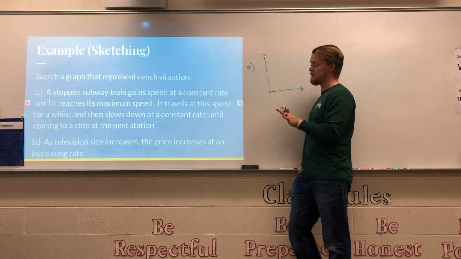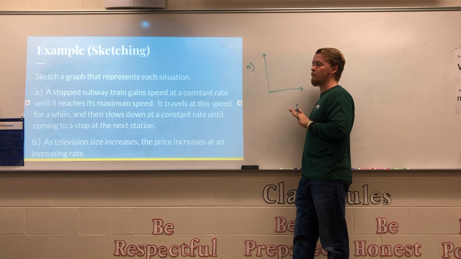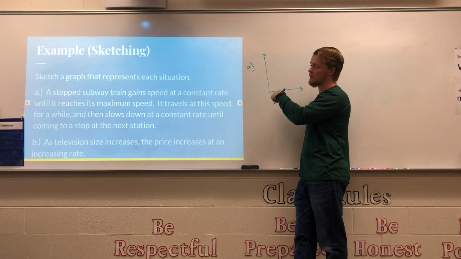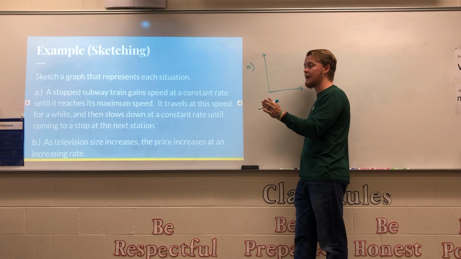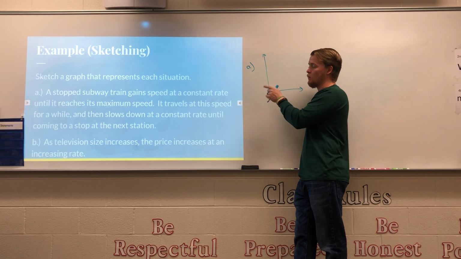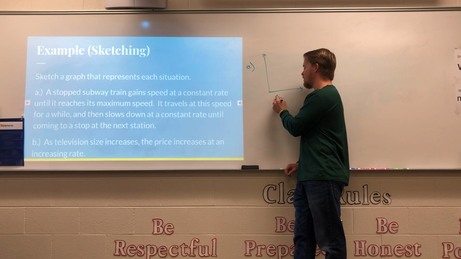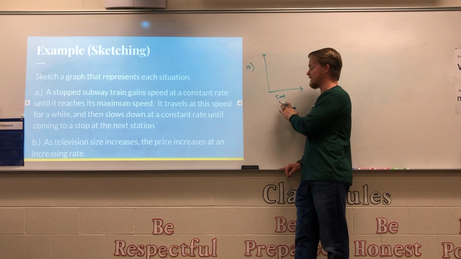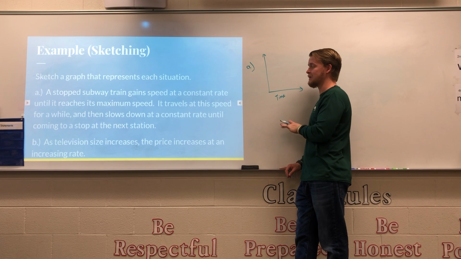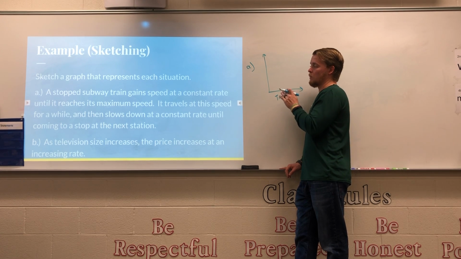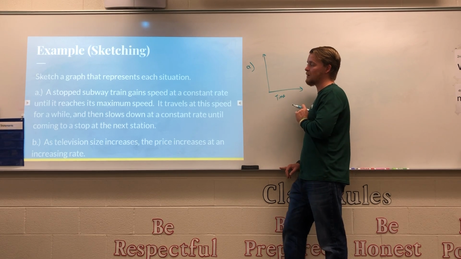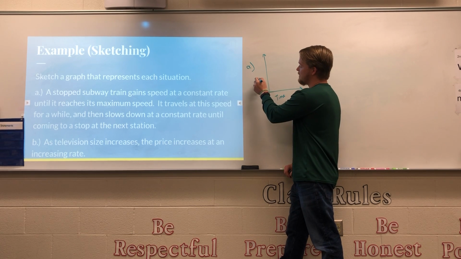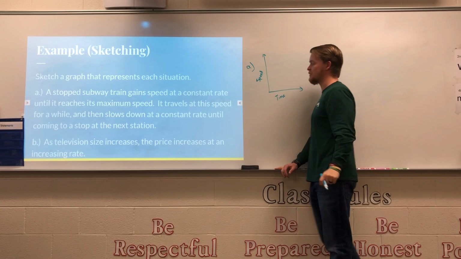I'm going to give you a hint, not always, but a lot of the time, if something's happening over time, that's always going to be your x-axis. Time is always your x-axis, because that's your independent variable. So then your dependent variable in this problem would be speed. It's talking about how quick you are doing something, the speed at which you're doing it.